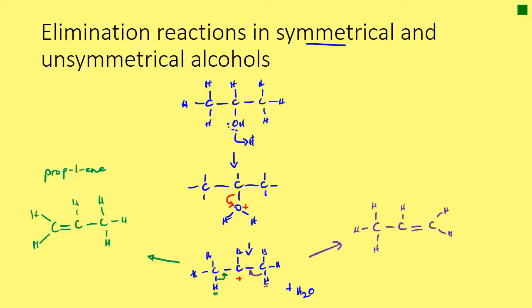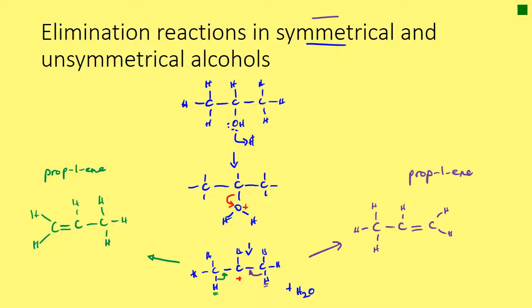And as it happens, this would also be propene or propylene. And you can see the green propene is the same as the purple propene, and they produce one product. So that's what happens when you've got symmetrical alcohols to start with.